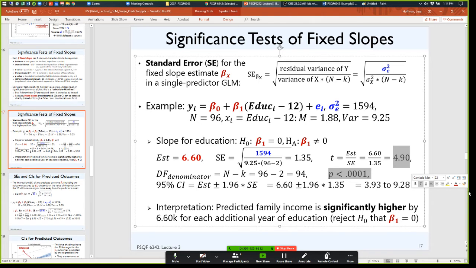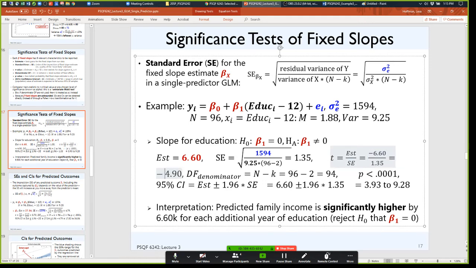So technically speaking, you don't have to look at anything besides t. If this slope were negative 6.6, I'd have a negative t, significantly lower in that case.